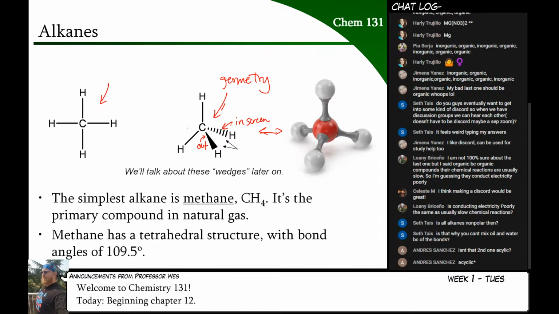Now, the geometry of this carbon, its VSEPR and molecular geometry, we really only care about molecular geometry. Because there are 4 things connected to that carbon, and none of them are electron pairs. This carbon is in a tetrahedral arrangement.